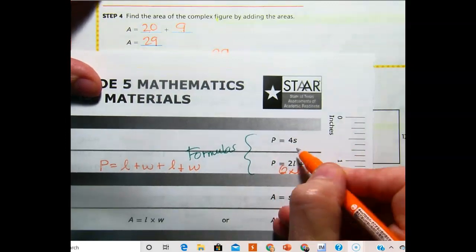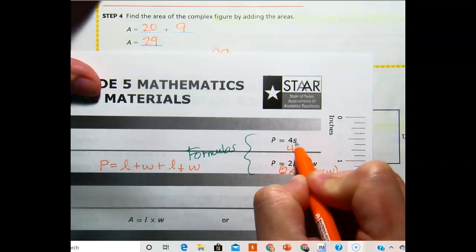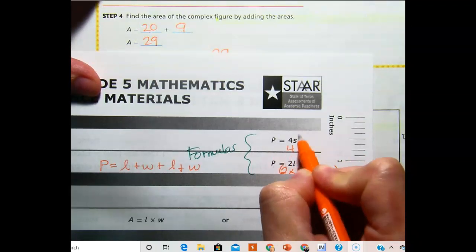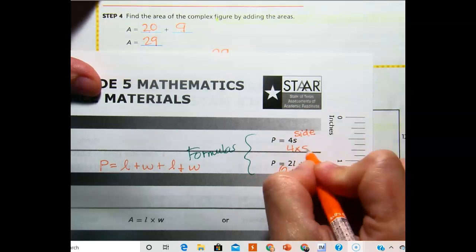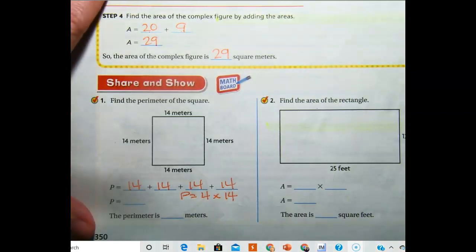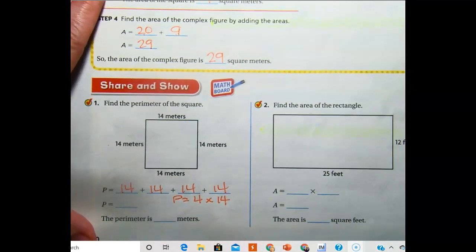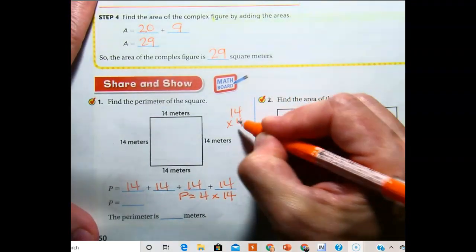Perimeter equals 4 times S, which is side. S is side, so it's 4 groups of whatever that side length is, and that is 14 in this case. So 14 meters.